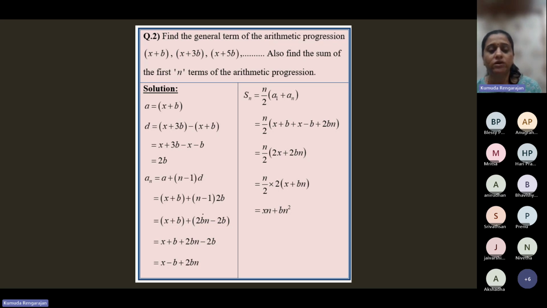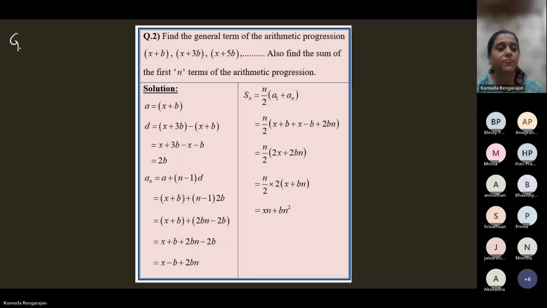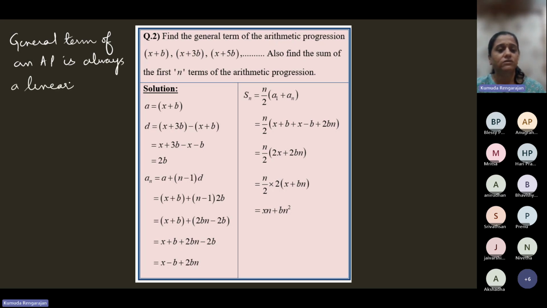Now, very important is the general term. You can make a note of this. The general term of an AP is always a linear expression in n.